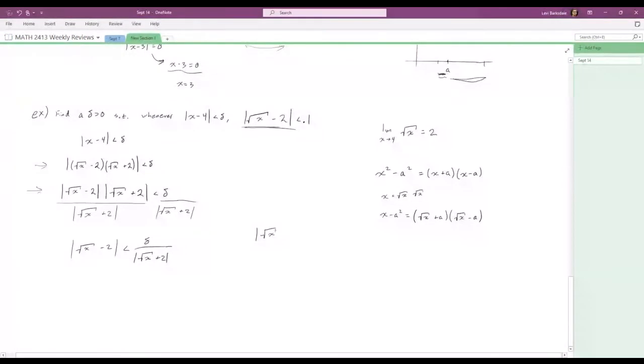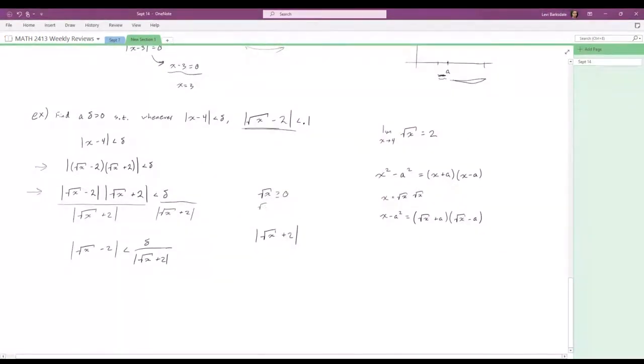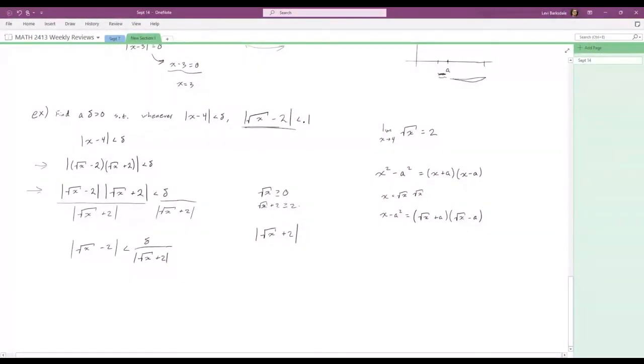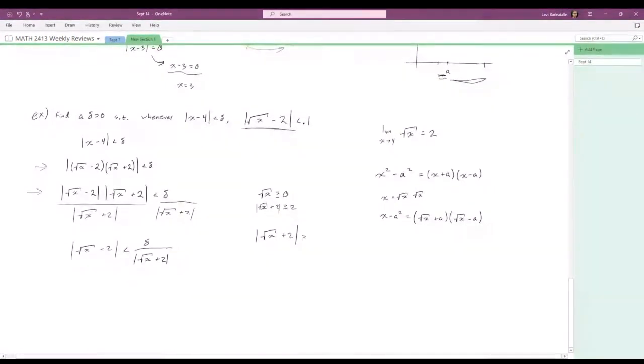I know that the absolute value of the square root of x plus 2, well, square root of x is always bigger than or equal to 0. So then the square root of x plus 2 is always bigger than or equal to 2, right? So then the absolute value of that is also bigger than or equal to 2.